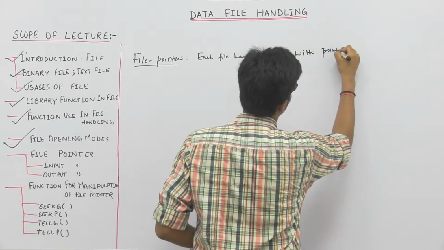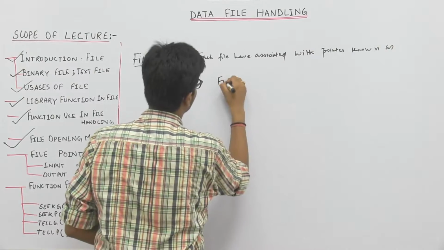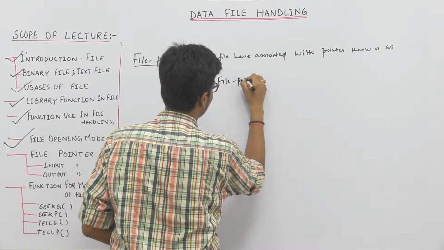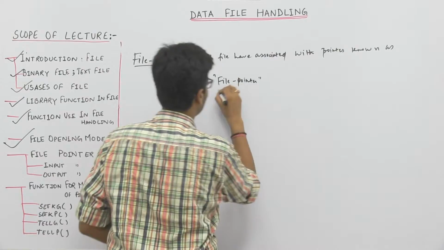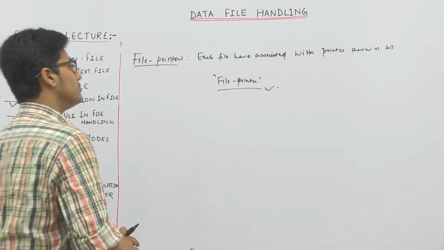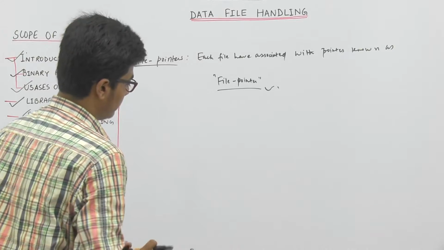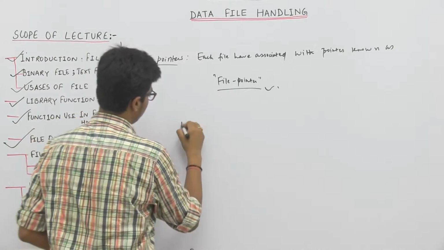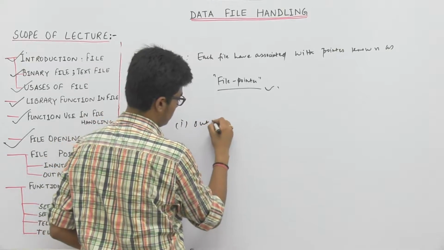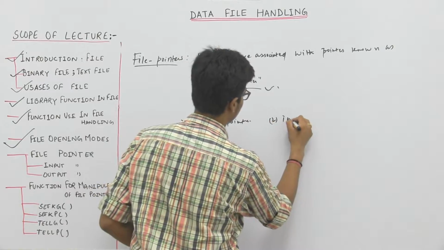So each file is associated with two pointers, one of them is the output pointer, another one is the input pointer.